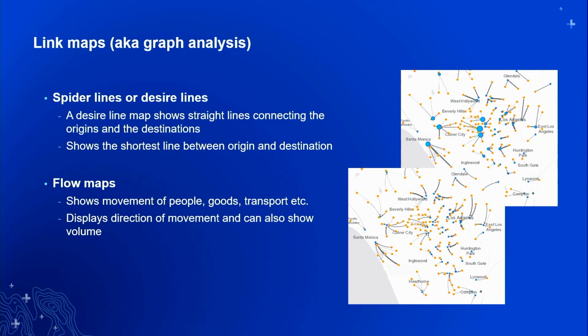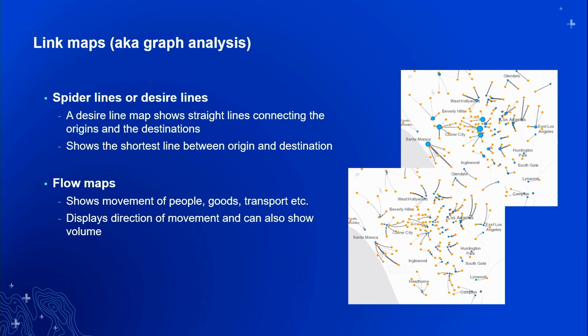A couple things we want to really pull out and highlight for you are link maps, sometimes called link or graph analysis. This is possible spatially through a map, or we can do a simple non-spatial link chart as well. Often this is not communicating directionality, but showing connectivity, how things are related.